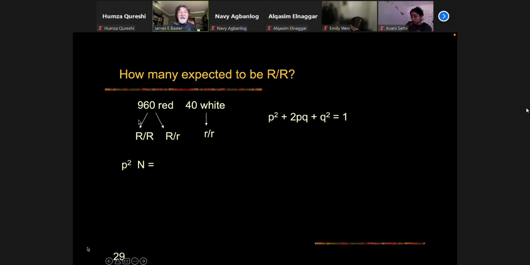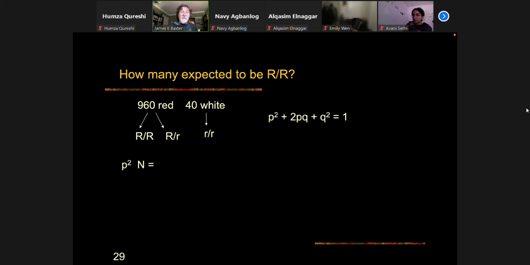Out of our data here, we have 960 that are red. So what proportion of those would be big R, big R? We have our P squared, and we multiply it not by the number of red individuals, because this P squared represents the genotypic frequency out of the total number, out of the sample size.